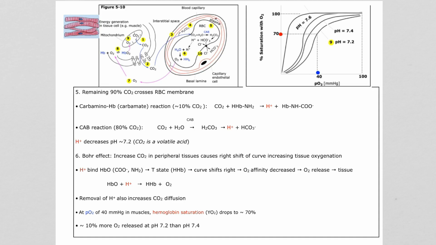So basically, binding of protons to the oxyhemoglobin HbO2, which is in the R state, will convert HbO2 into HHb, which is deoxyhemoglobin. This is in a T state, and this will result in the release of oxygen.